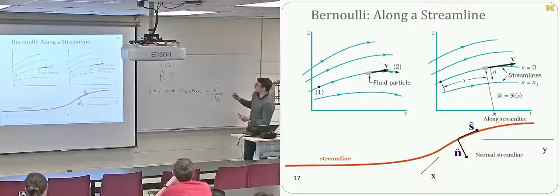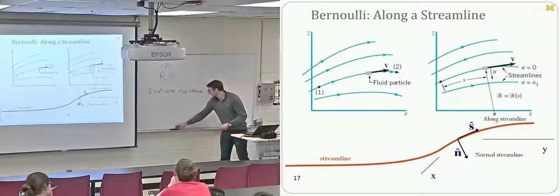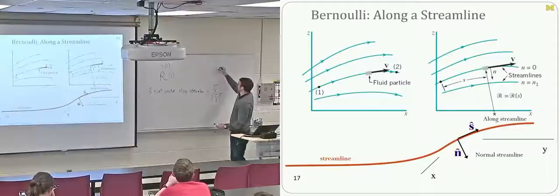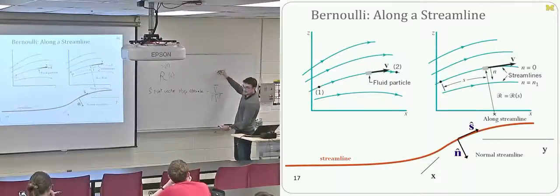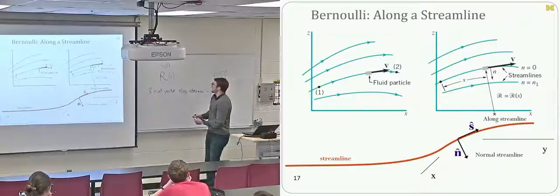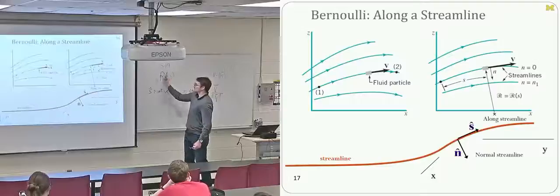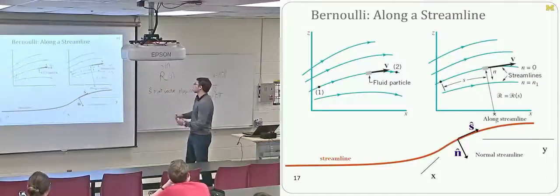Now the question is, how do we define the actual velocity? For now, just for the sake of convenience, we're going to drop the vector notation and simply say that v, if I draw it without an arrow, is the scalar magnitude of the velocity. Because the velocity is everywhere tangent to the streamline, it only travels along the streamline.